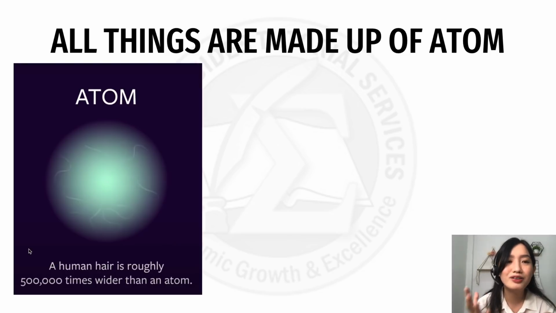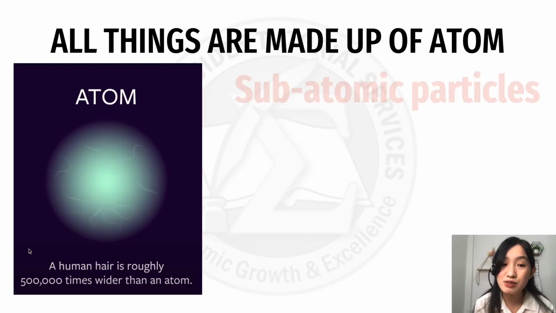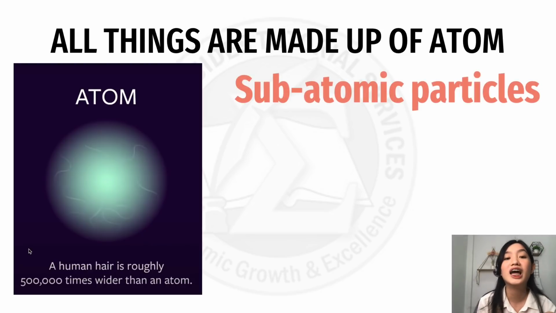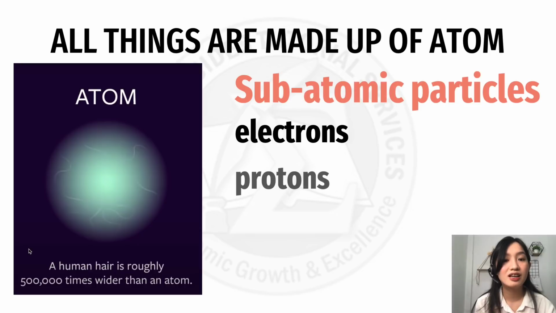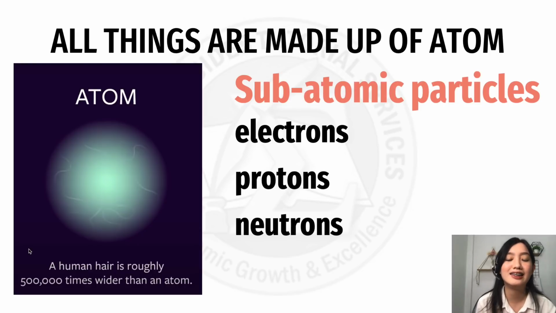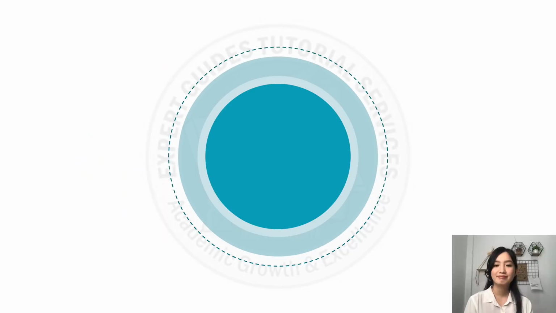Imagine there are still smaller things than it, which means they are made up of even smaller particles, which are called subatomic particles. Because of the series of investigations by our scientists, this had led to the discovery of three such particles, such as electrons, protons, and neutrons.